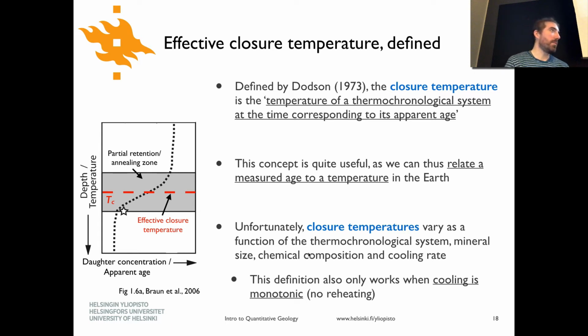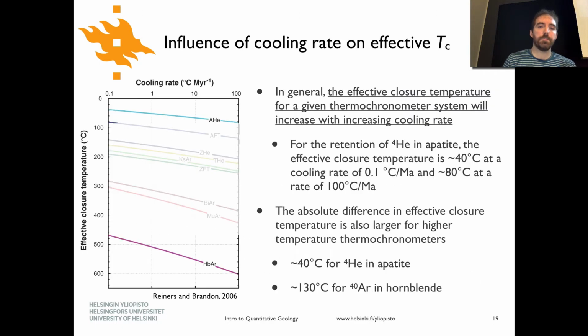There's a fluorine end member, there's a hydroxyl apatite, there's chlorine apatite, and those all have slightly different chemical compositions that actually affect the daughter product being retained within the crystal. And cooling rate's a big one. So how quickly the crystal cools will affect this temperature range as well.